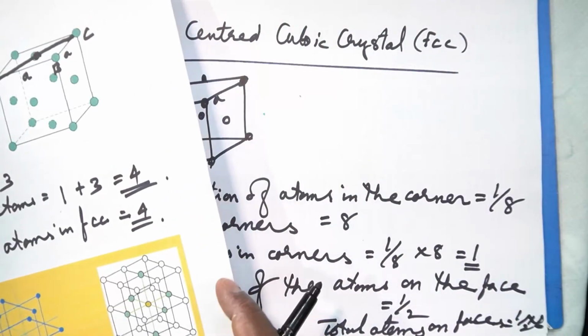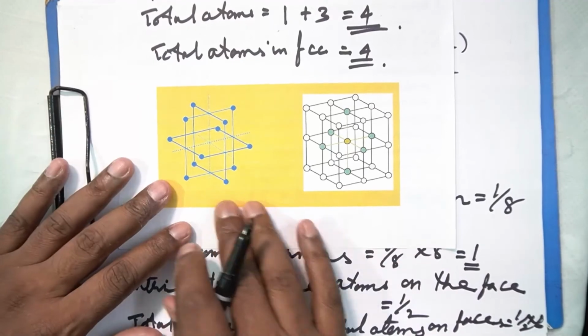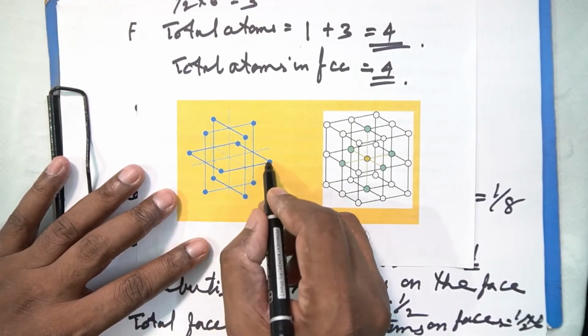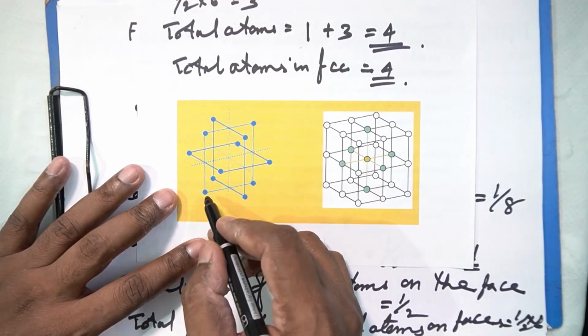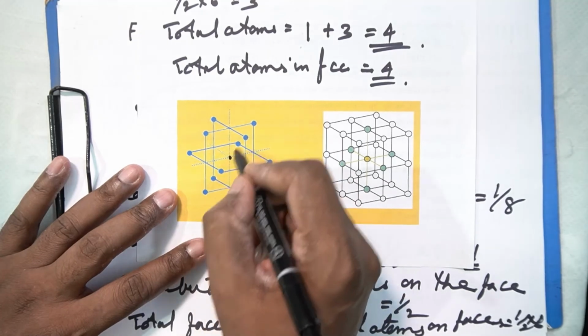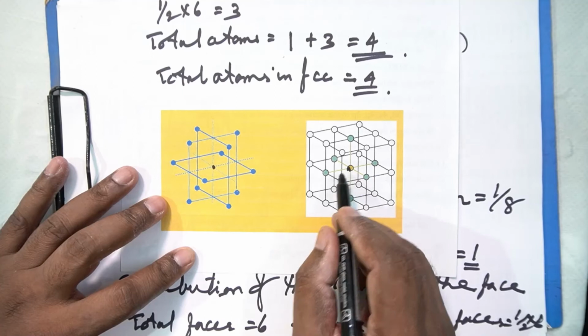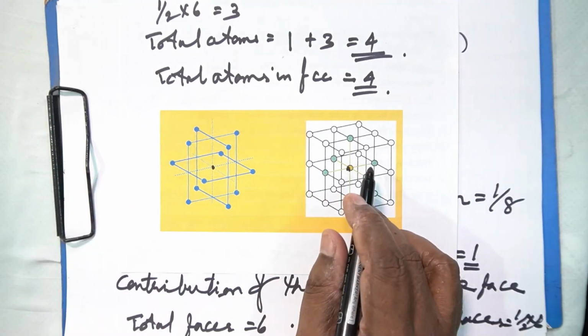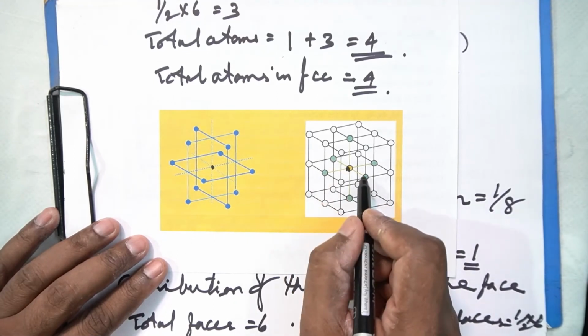Okay, now let's see the coordination number. There are 3 planes here, an x plane, y plane and z plane, and see the immediate neighboring particles from the center. If you count, 1, 2, 3, 4.